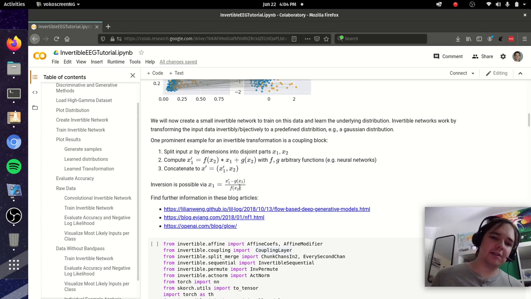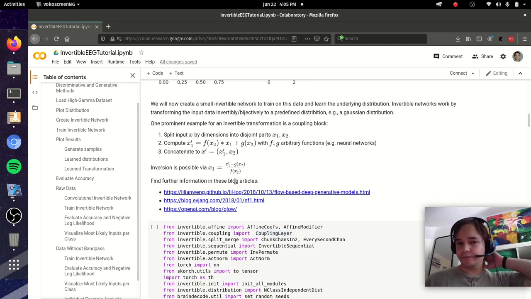And you can imagine that if you stack a lot of these transformations, you can have quite powerful models that can learn quite powerful transformations. But there are also further invertible transformations. The simplest one is of course just a linear projection, where if the determinant is not zero, you can always invert that.